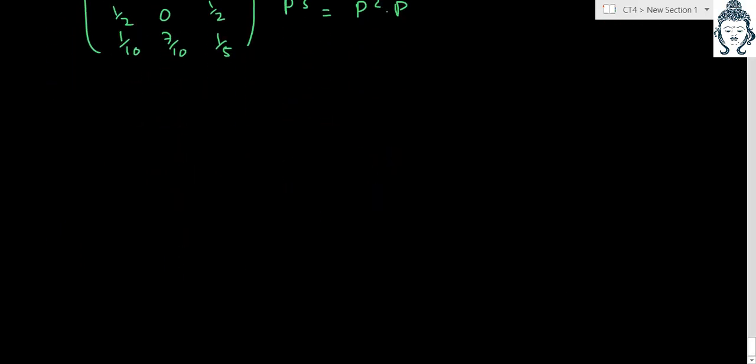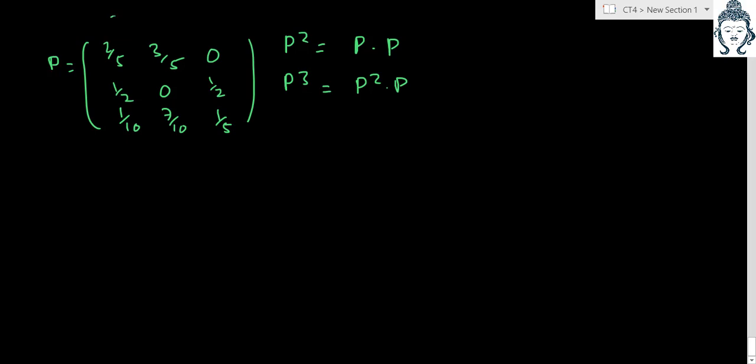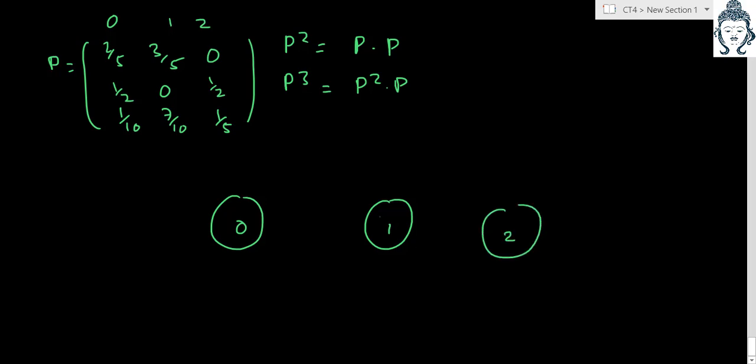Pretty easy. 3 states, let's call them 0, 1 and 2. Okay, so state 0, state 1 and state 2. So the probability of staying in 0 from 0, okay, so this is the state you start in and this is the one you want to go to. So from 0 to 0 it's 2 by 5, right? And then from 0 you can go to state 1, which is 3 by 5.